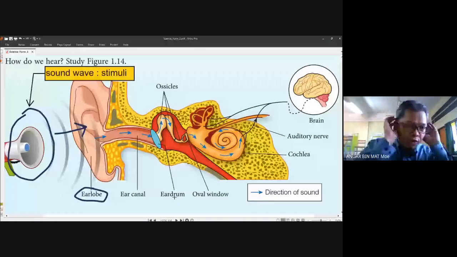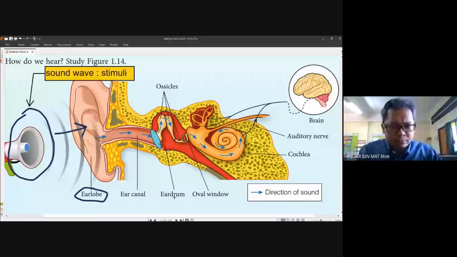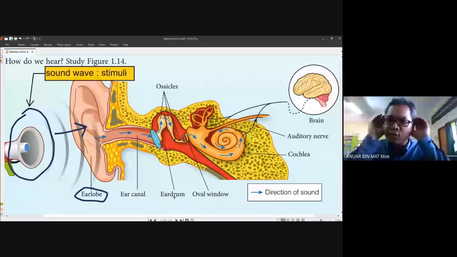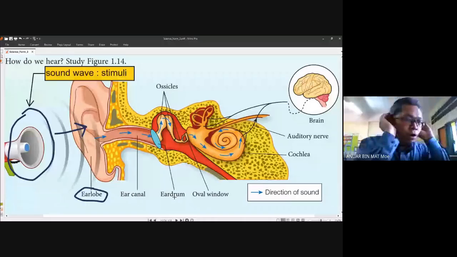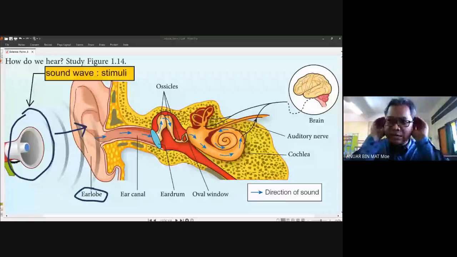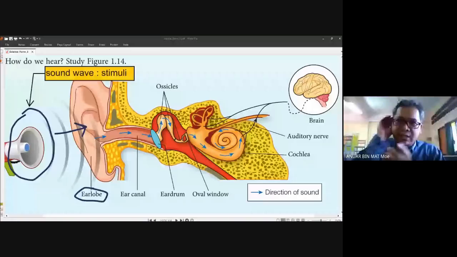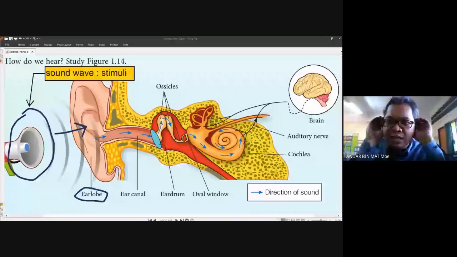So if you do like this, for example, you put your hand like this, you can hear more, isn't it? Because we amplify, or we increase the surface area of the earlobes here, so that we can gather more sound by putting your hand like this.